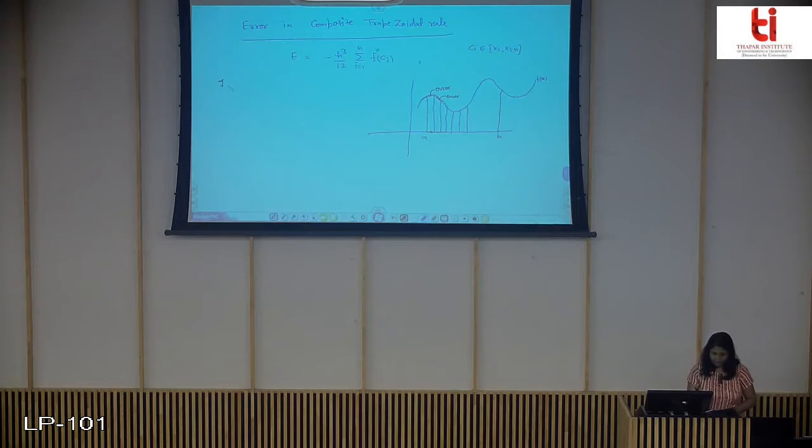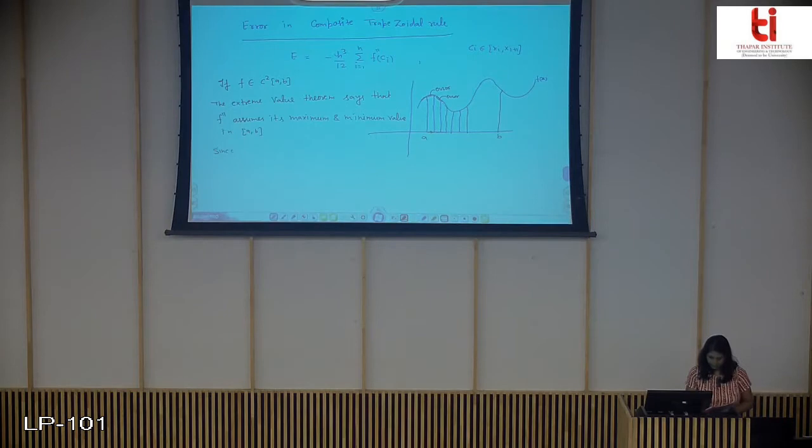Let's start. If f is a function belonging to C2[a,b], that means the function is continuous and differentiable twice inside the interval [a,b], then the extreme value theorem says that f double dash assumes its maximum and minimum value inside the interval [a,b].